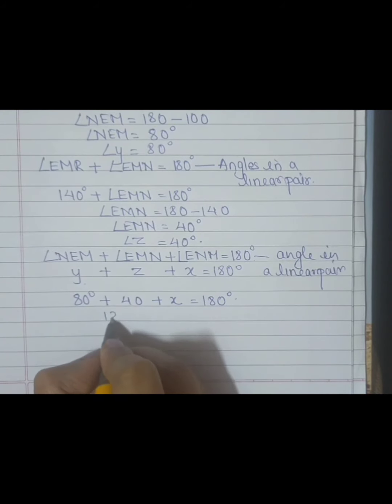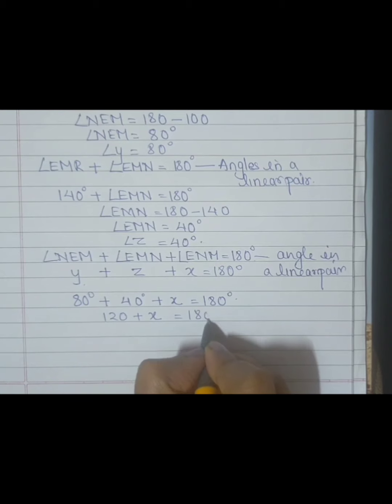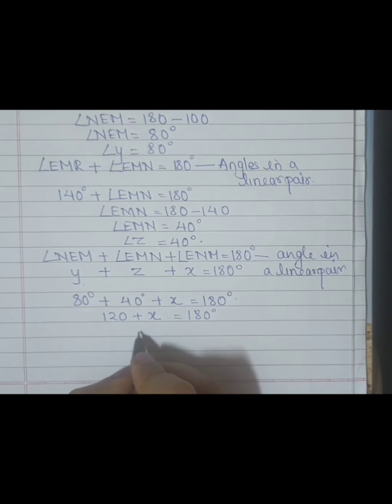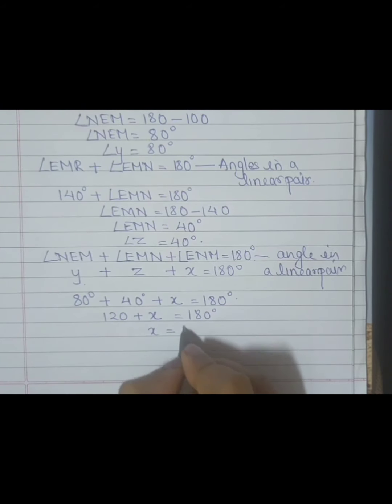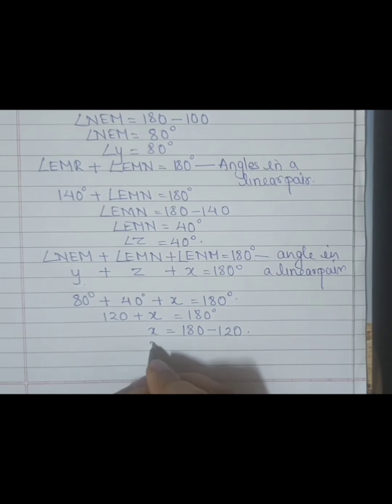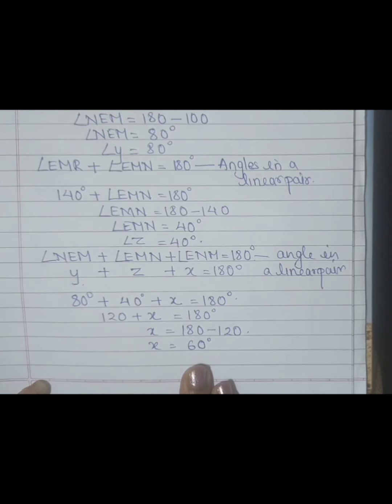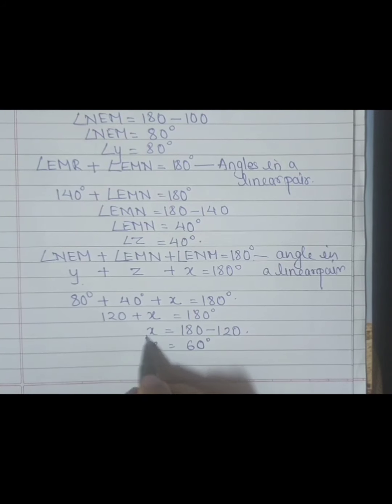Now 120 plus x is equal to 180. Now x is equal to 180 minus 120, so x is equal to 60 degree. We got the value of x as 60 degree.